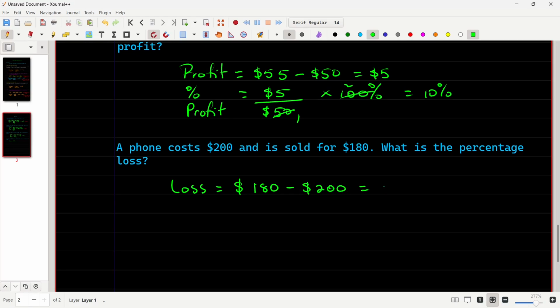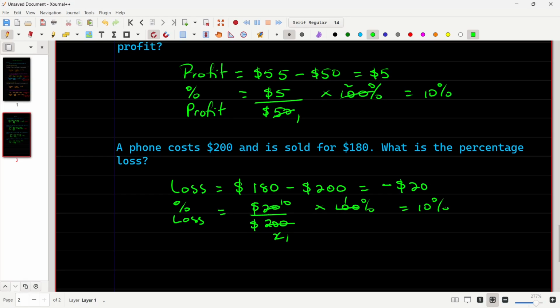And we see that we lost a total of $20. Then the percentage loss would be equivalent to negative $20 divided by the cost price of $200 times 100%, and that is 100 into 2, 100 into 1, 2 into 2, 1, 2 into 10, and we get a 10% loss.